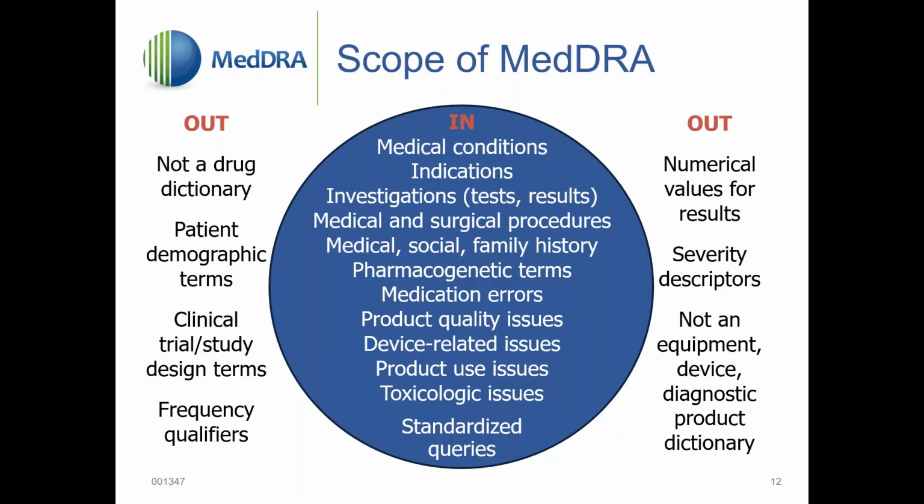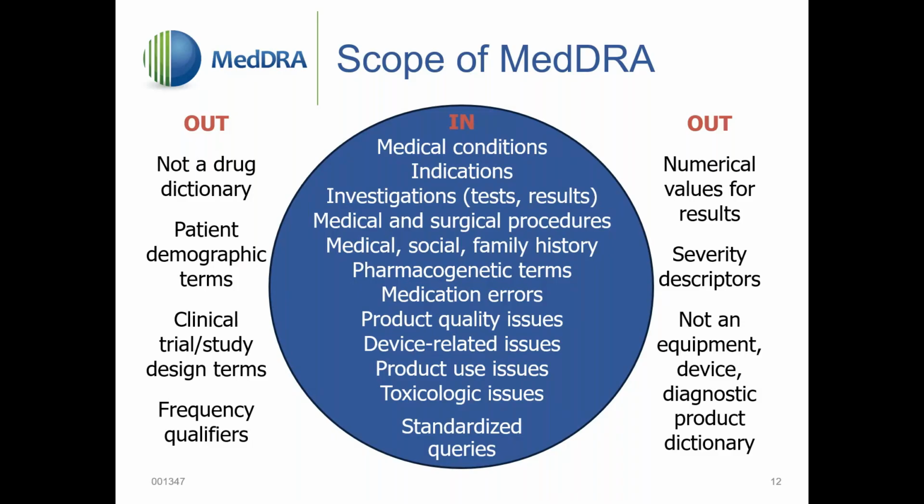Patient demographic terms relating to race, gender, age, etc., are also excluded, again with the exception of terms where information regarding age or gender is relevant based on medical considerations. Like, for instance, male or female infertility, male or female breast cancer, senile dementia, infantile acne, or neonatal jaundice. So here you would find specific terms that include demographic information, but you won't find them for each and every medical condition that is represented in MedDRA.